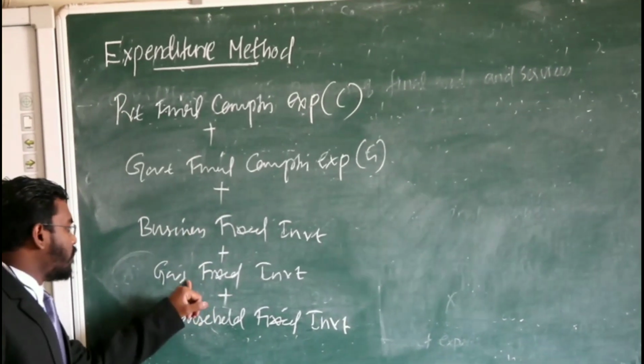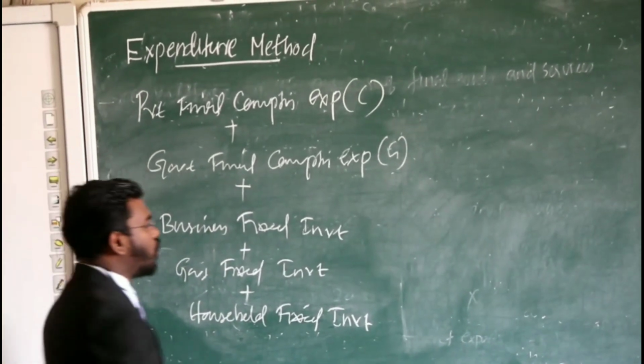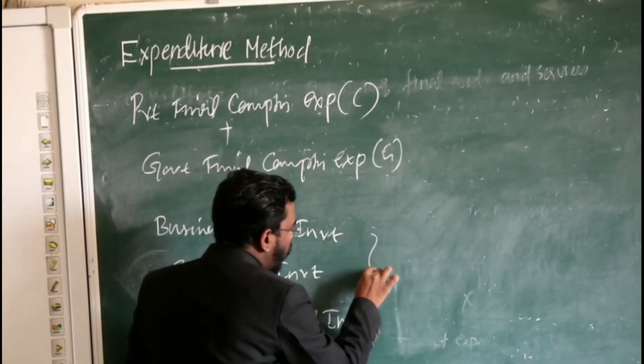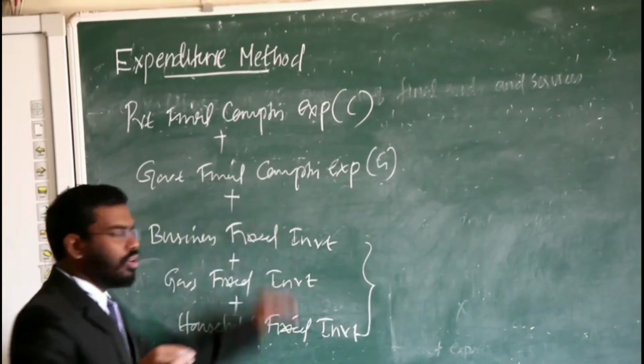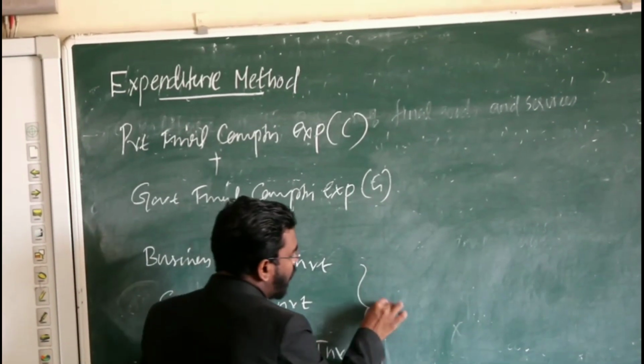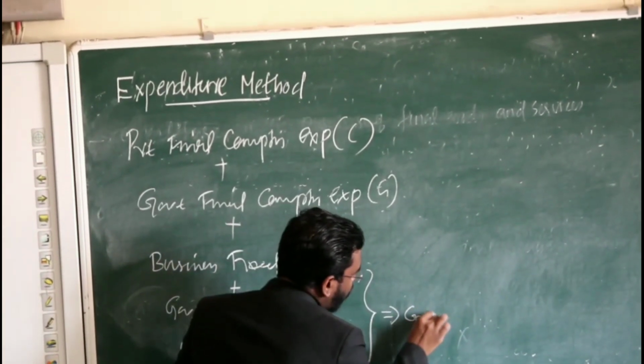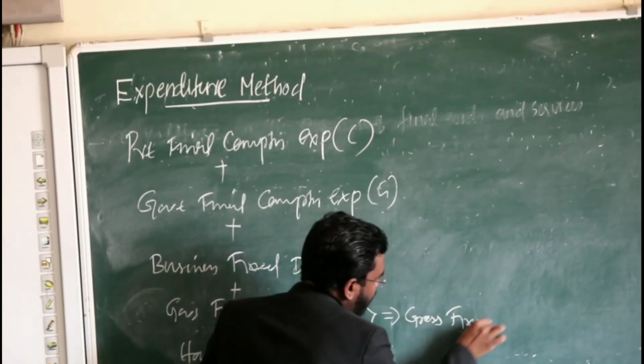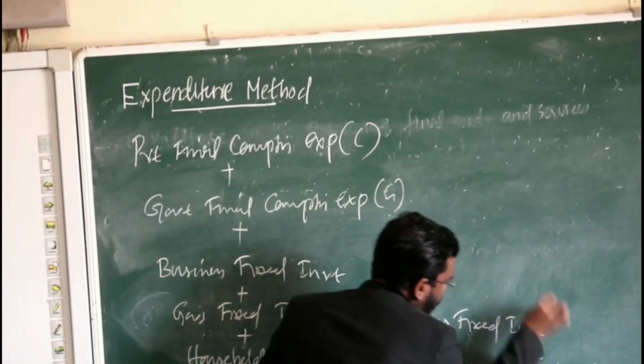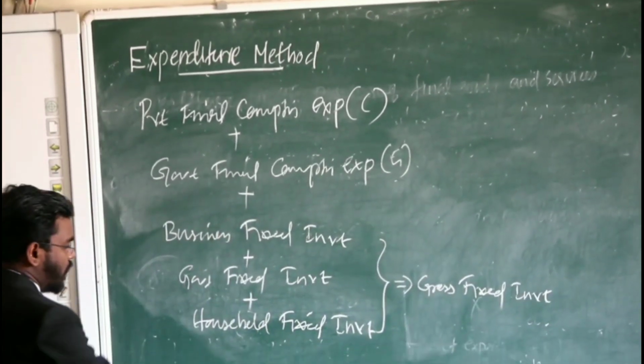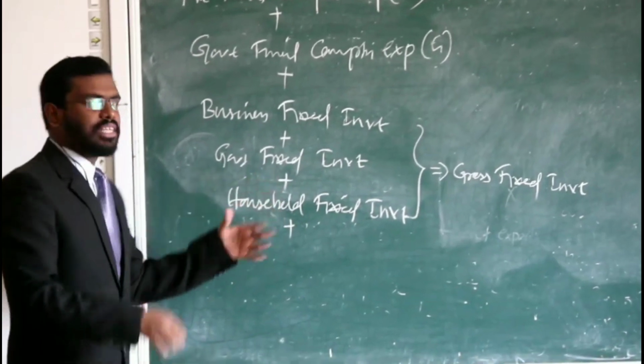Business fixed investment, government fixed investment, and household fixed investment. So if we add all these, then we will get gross or total fixed investment. Total fixed investment.